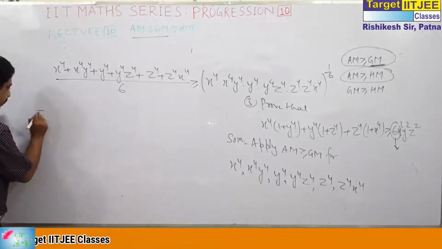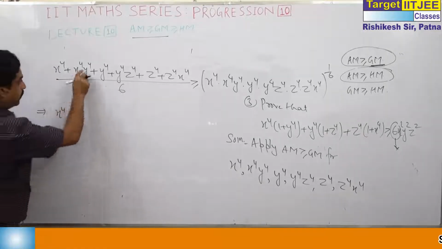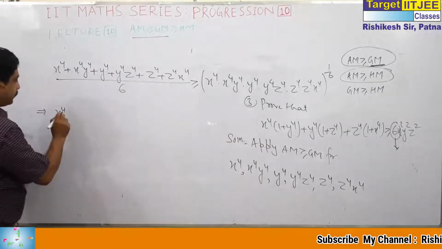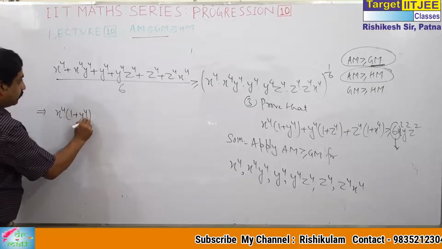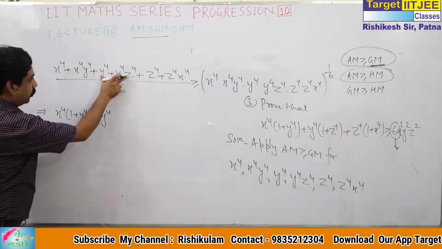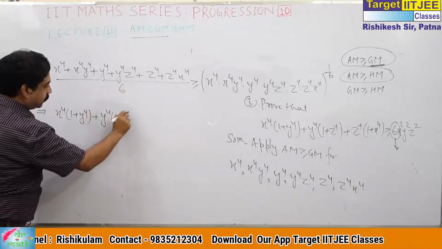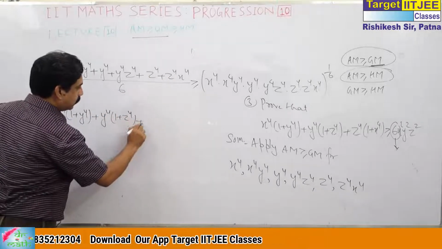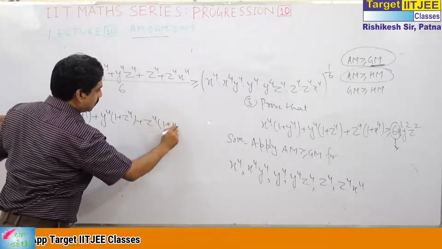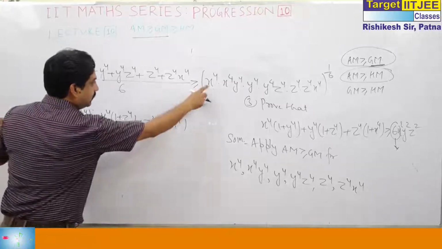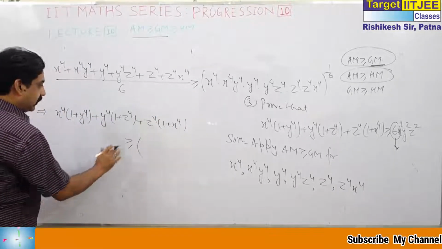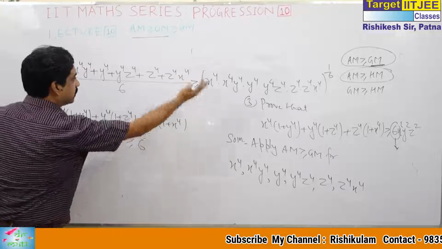Now write this in this very form: 1 plus y to the power 4. With 2 you can write 1 plus z to the power 4. With the last 2 you can write z to the power 4, 1 plus x to the power 4. Let me write this here. I have transferred 6 to the right.